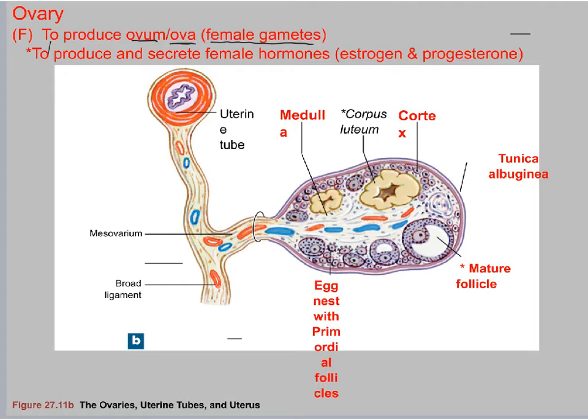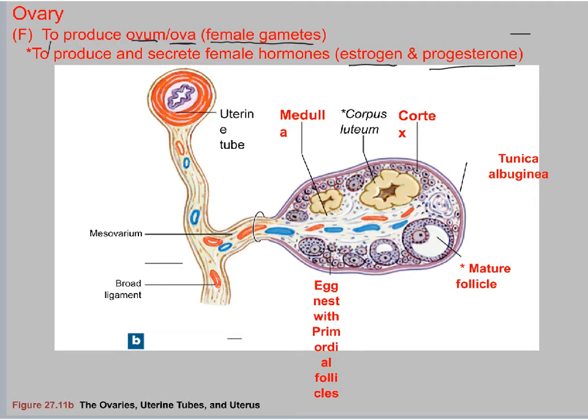So as we learned earlier, the function of the ovaries is to produce ova and to produce and secrete estrogen and progesterone. If we look inside the ovary, you can see these little follicles or these little capsules developing. And we'll go over how this occurs and the maturation of these ova.